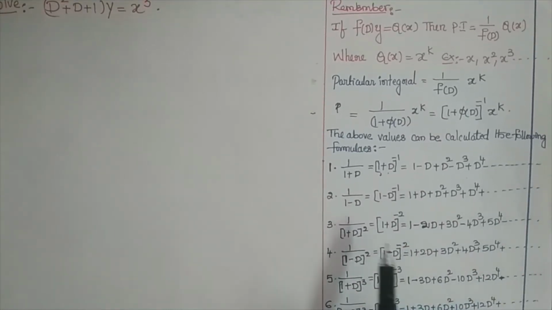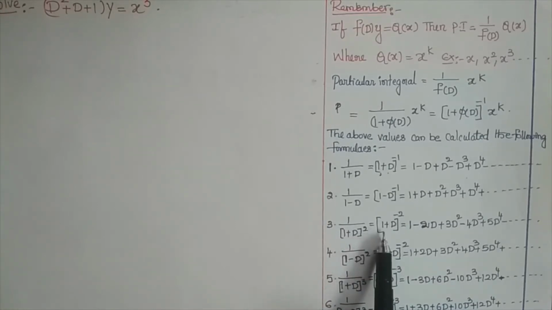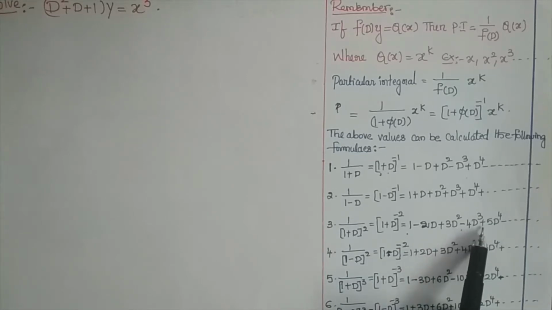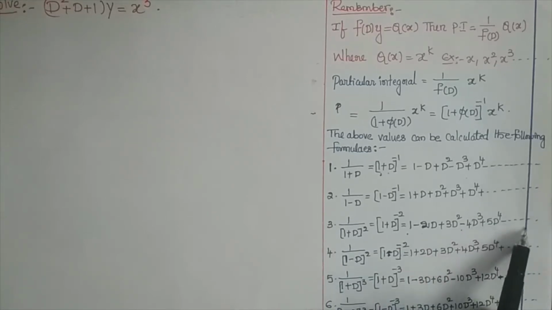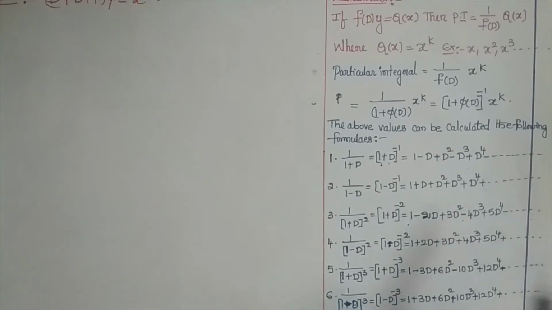And the third formula: 1 by 1 plus D whole to the power of 2, that means square, the numerator goes to 1 plus D whole to the power of minus 2. The formula is 1 minus 2D plus 3D square minus 4D cube plus 5D power 4 minus and so on. Similarly, 1 by 1 minus D whole to the power of 2, all are positive, only the signs are different.